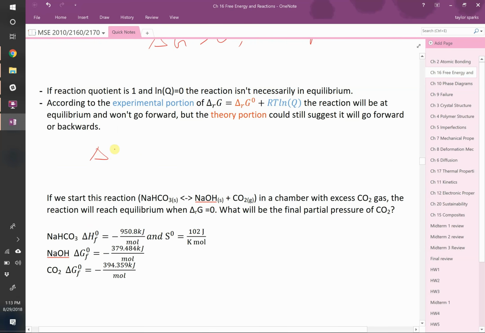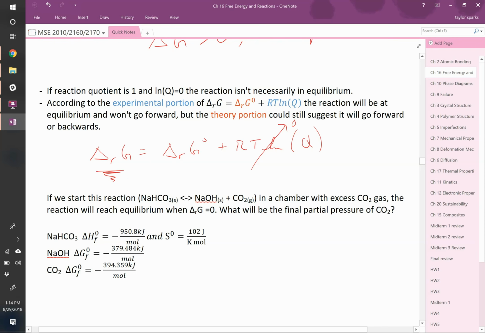If delta Rg equals delta Rg naught plus RT natural log of Q, if you plug in 1 for Q, if it happens to be the case you have 1 for Q, this whole term goes to 0, right? Because natural log of 1 is just equal to 0. But it's delta Rg that we care about. That's the one that dictates whether a reaction goes forward or not.